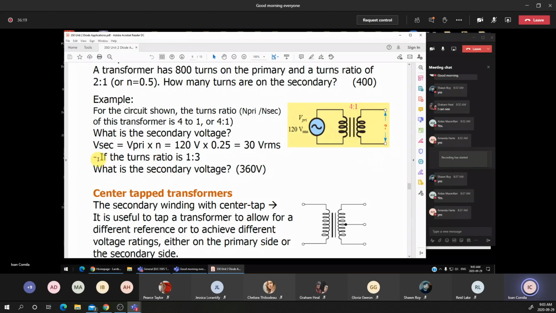Now, suppose that I'm looking again for the secondary voltage.